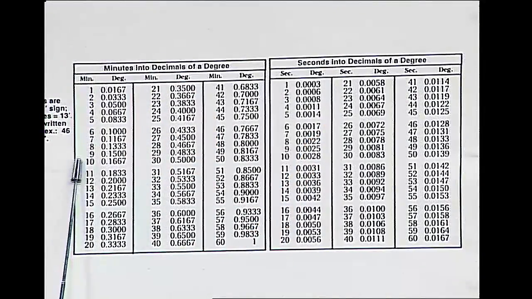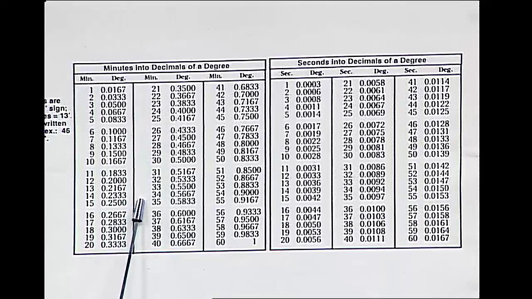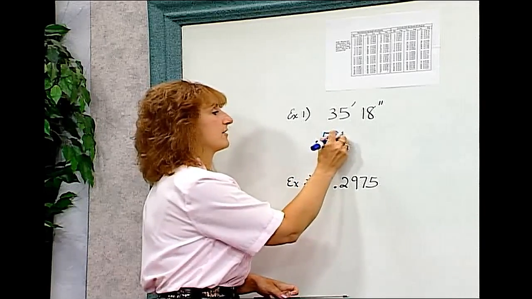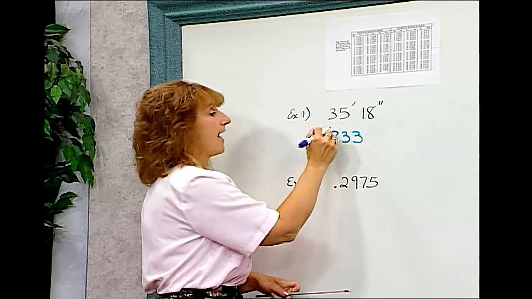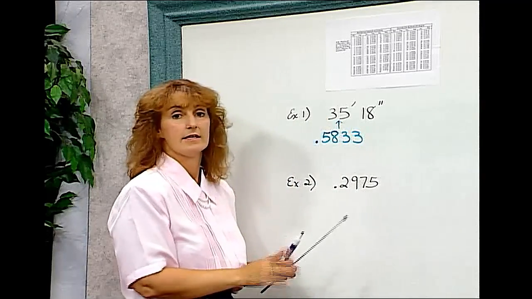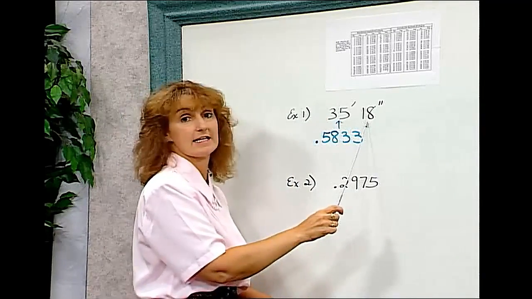So I go down my chart, it ends at 20, I'm going to come back over here, and I get to 35, and I find out that that's 0.5833. So I'm going to write that down, 0.5833, and that's the minute part. Now I'm going to go to seconds.